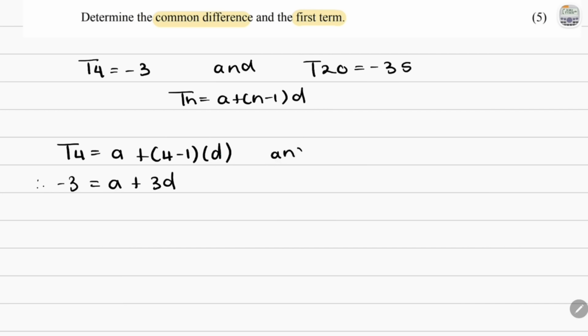And then the second piece of information was term 20. So term 20 equals a plus 20 minus 1 multiplied by d, and that becomes -35 is equal to a plus 19d.